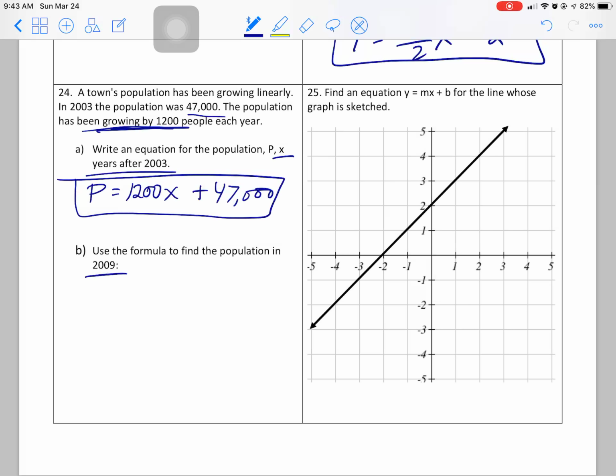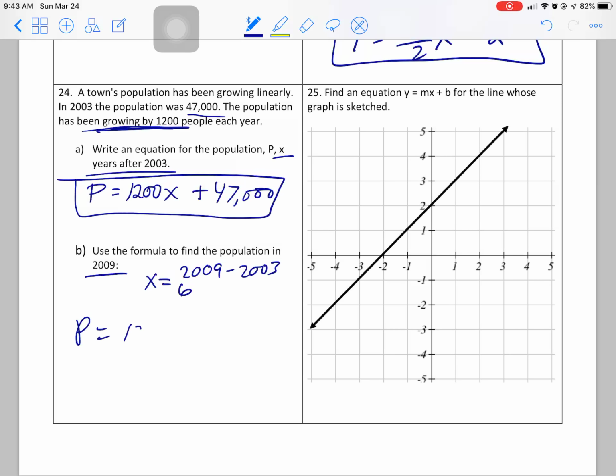The other half says, okay, what happens in 2009? If x is how many years after, it'd be 2009 minus 2003, which gives you an x of 6.